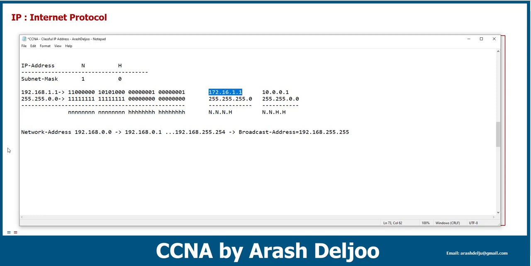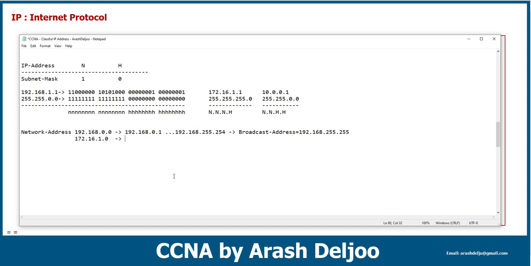For the second example, 172.16.1.1, if you want to find the network address, you need to use 0 in all of the host bits. Because of that, for the second example the network address is 172.16.1.0.